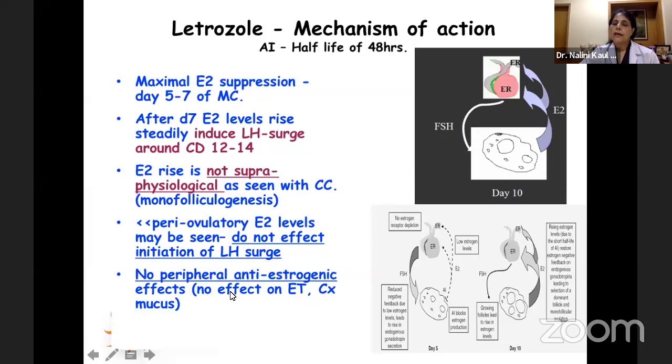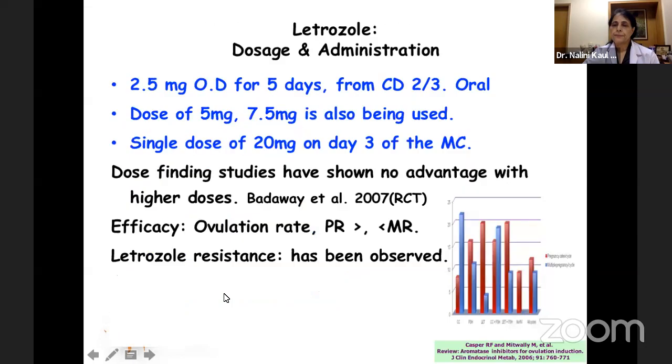Fortunately, it does not have any peripheral anti-estrogenic effects. You give it in a dose of 2.5 or 5 milligrams once a day for 5 days. You can give higher doses, 7.5, even a single dose of 20 has been given. However, increasing doses do not really help very much.